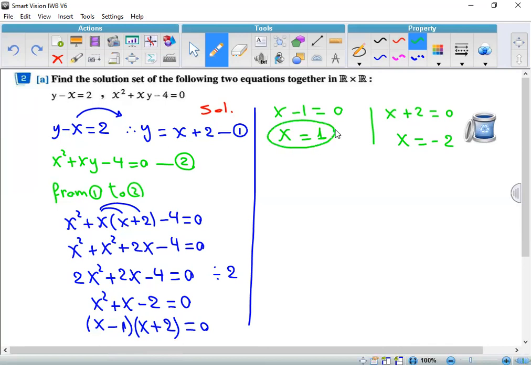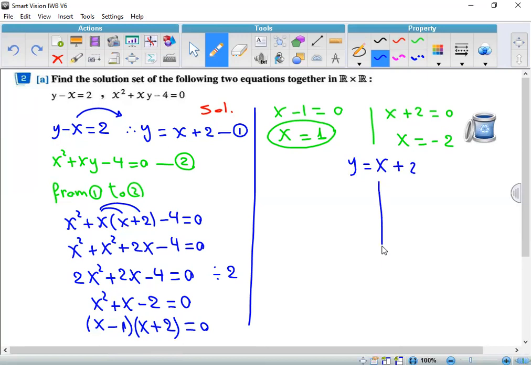We want to find the value of y for each. We have y equals x plus 2.